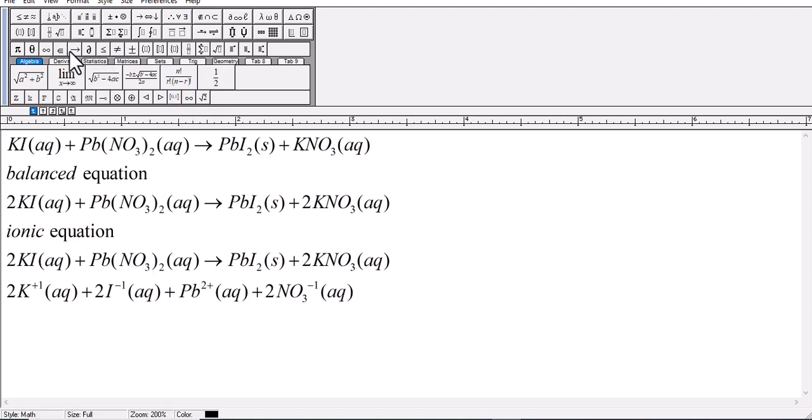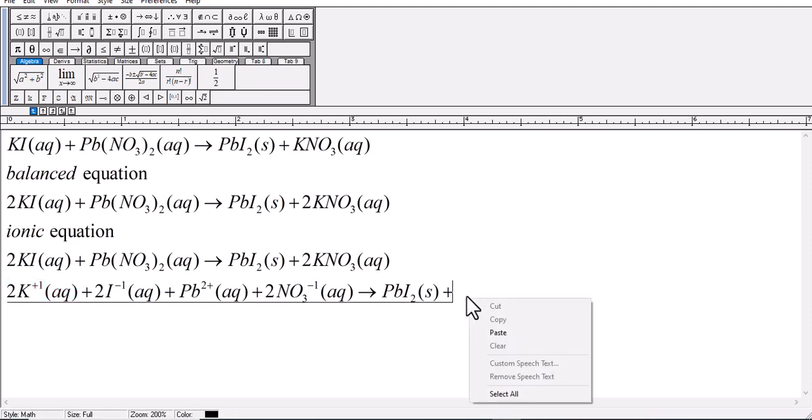Now let me bring in the arrow. Remember, if you have this as a product, don't change, just take it as it is. We dealt with this, just paste in there. Plus, let's work on this. So I have 2K plus, so I might as well just copy this and paste.